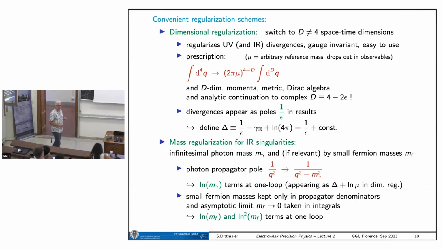Not so easy, actually, conceptually. If you really want to know how this works, there is this nice and notorious book of John Collins called Renormalization, where he really tries everything he can to make transparent what it really means to do this complex continuation. Actually, to give you an idea, you first embed everything in an infinite dimensional space, and then the dimension of your integral is something like an operator on this infinite dimensional space.